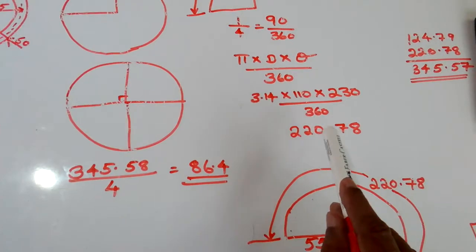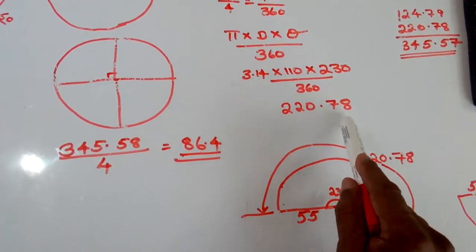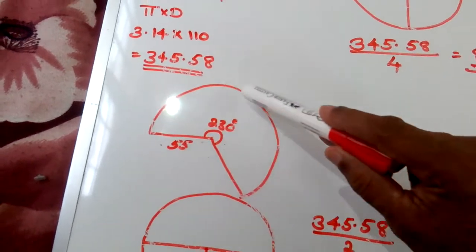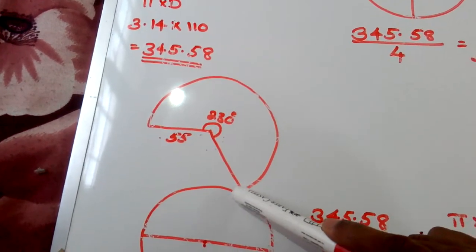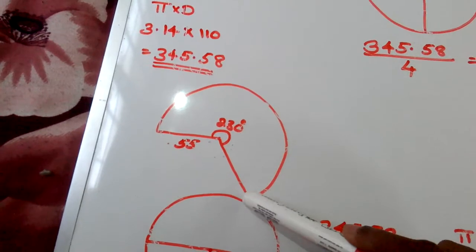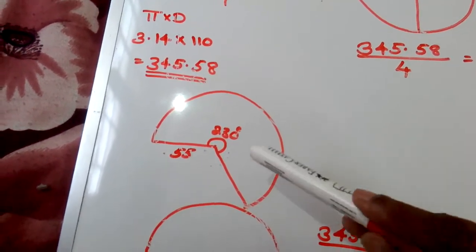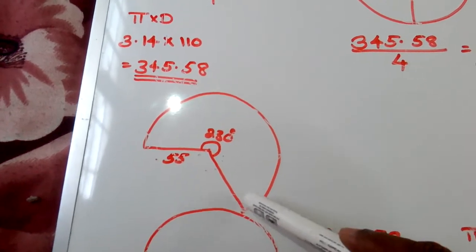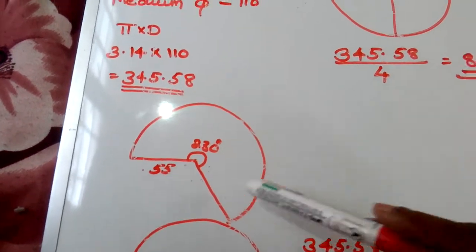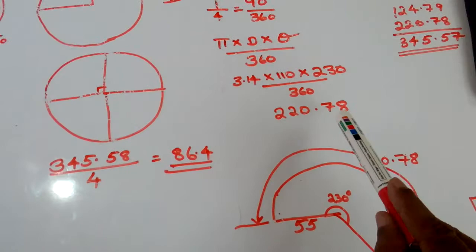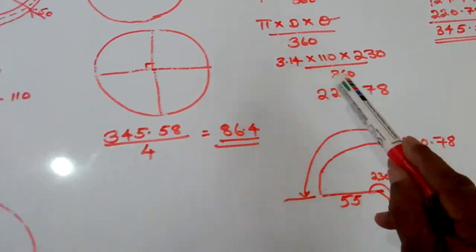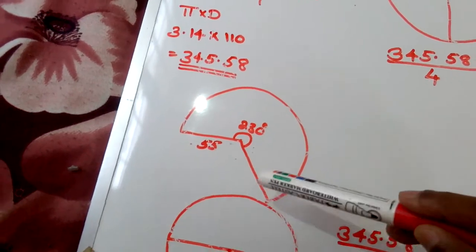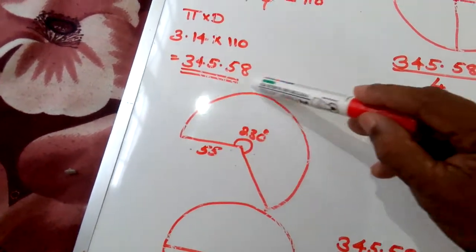If we take a length of 220.78, we can make this perimeter, sorry, we can make this round. It isn't a half round, it is a round of 230 degree. We have to use 220.78 perimeter. It will be the length from here to here.